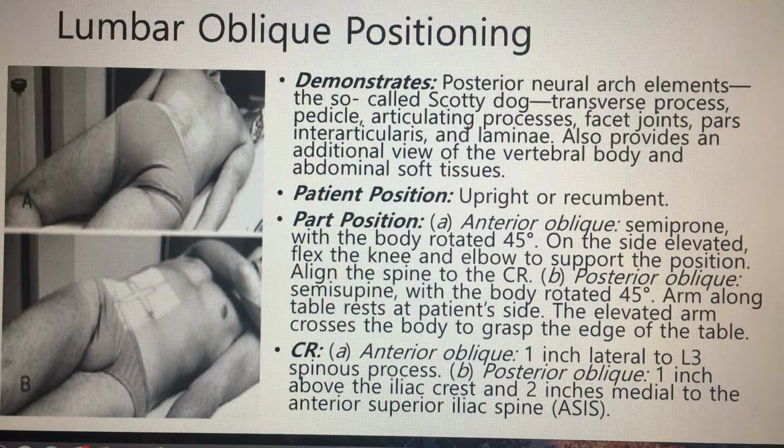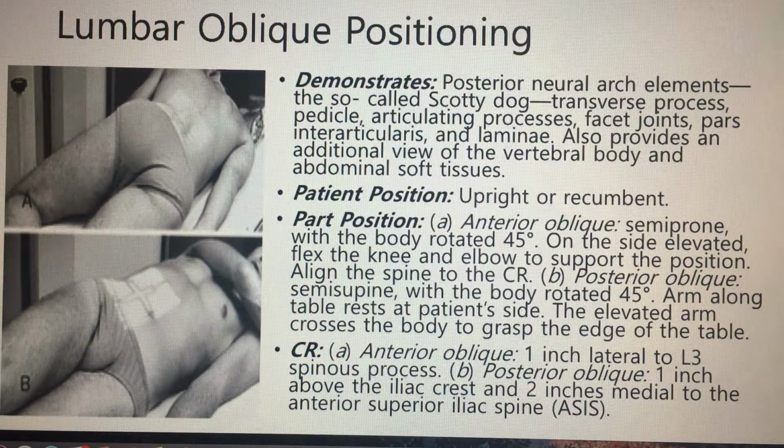Lumbar oblique position is good for the zygapophyseal joints, the so-called corridor. The patient is semi-prone with the body rotated 45 degrees. Anterior oblique is for the opposite side of the zygapophyseal joint.